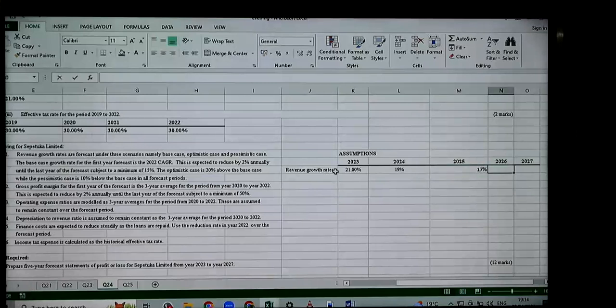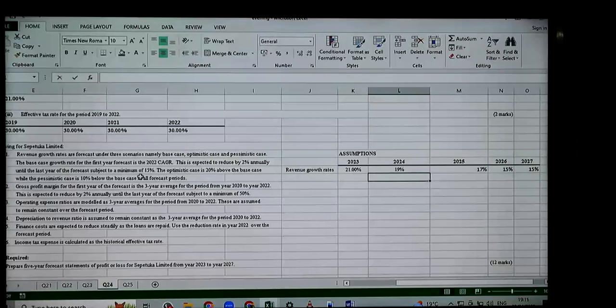For 2026, it will be 17 minus 2, which is 15%. But for 2027, it will be 15% because it is subject to a minimum of 15%. When it reaches 15%, it won't go further down.